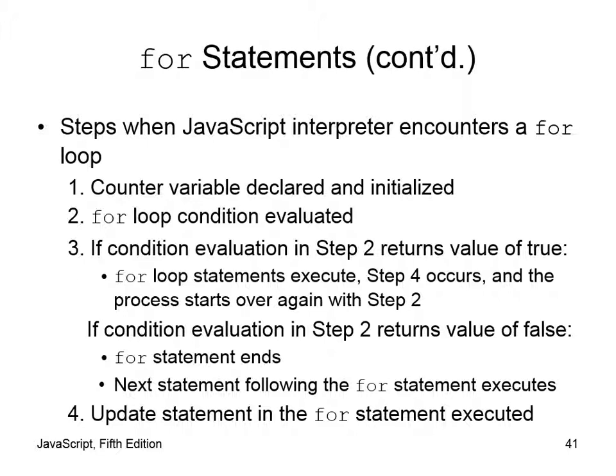If the condition finally returns a value of false, the statement ends. Right? Once x reaches 10, then it stops. Then you have the update, whether you're going to do your increment or decrement. Would you want to decrement a for loop? Possibly. You could, if you're counting backwards. Just depends on how you do it.